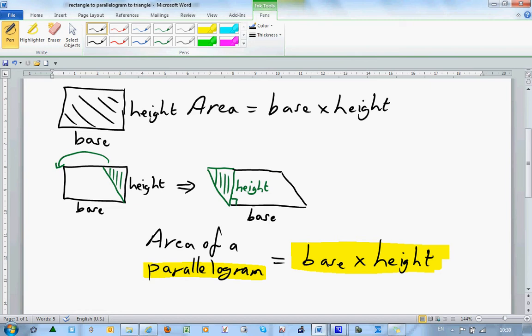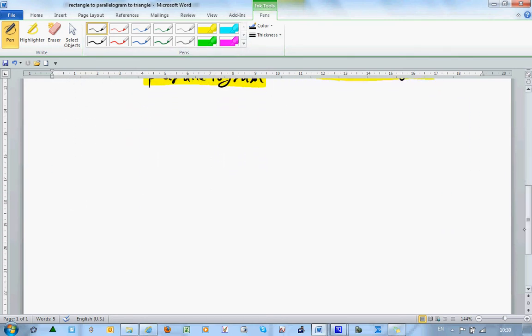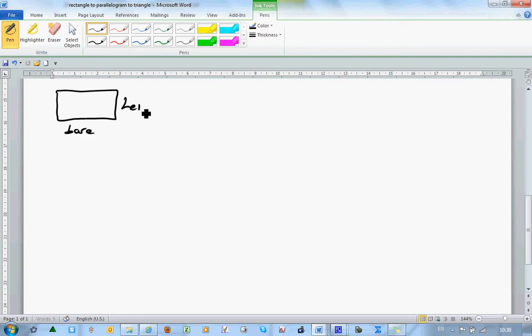Now, moving on. How could we find the area of a triangle? Well, let's have a look. If we start with a rectangle, which has a certain base and a height, how could we cut that to make two triangles? Correct, well done.